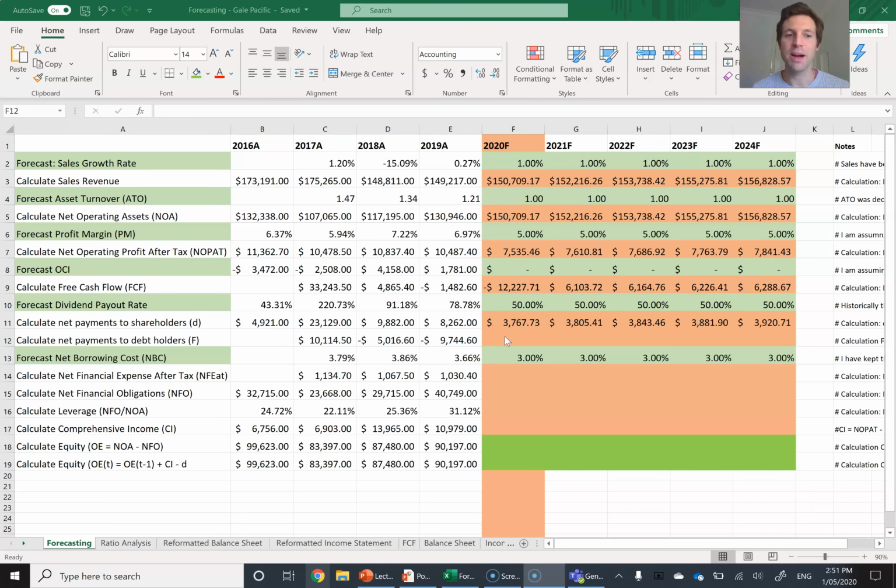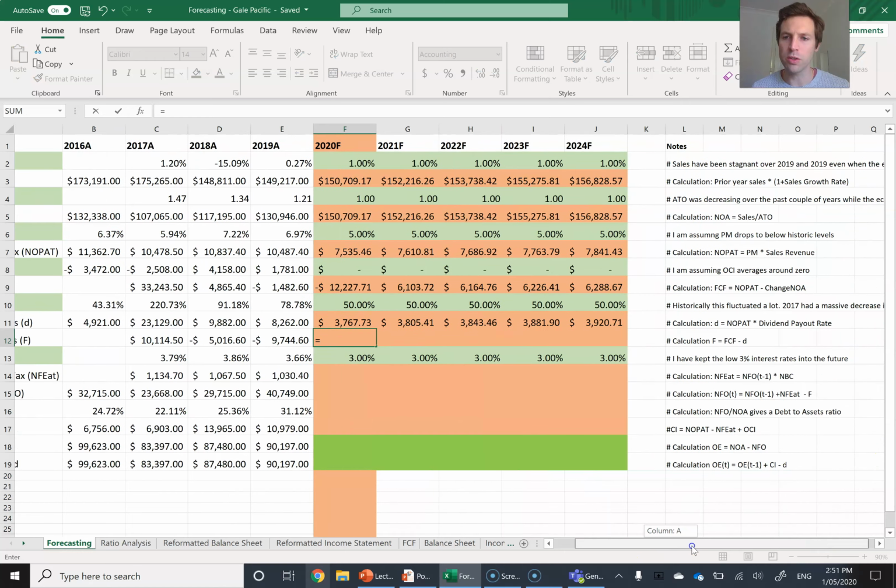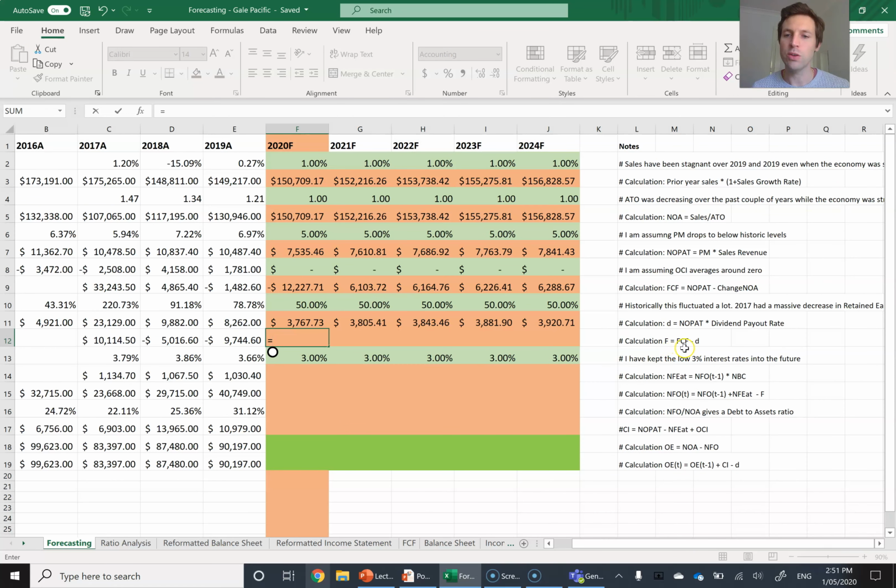Next, I'm going to calculate my net payments to debt holders, which we use the notation F for. So F is our payment to debt holders and D is our payment to shareholders. So over on the side, this is the formula that a lot of people forget. F equals free cash flow minus D. An easier way to think about this is free cash flow has two uses.